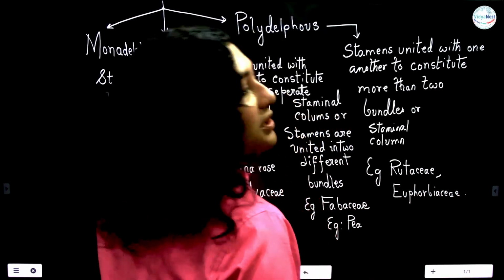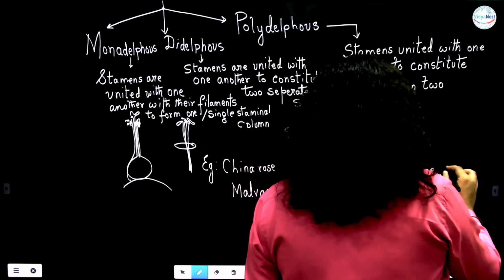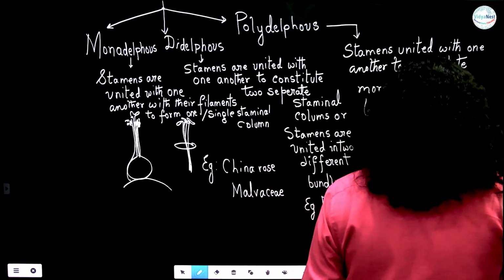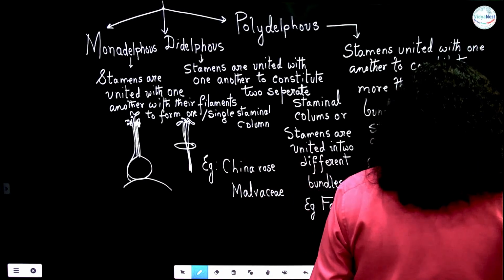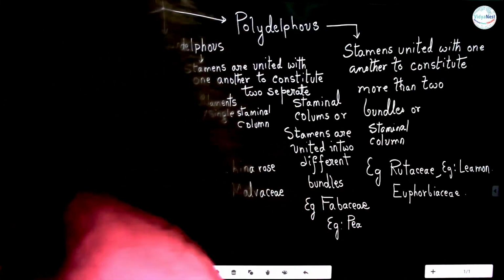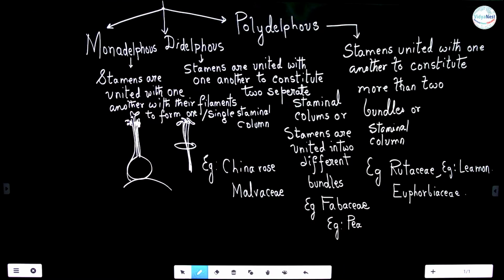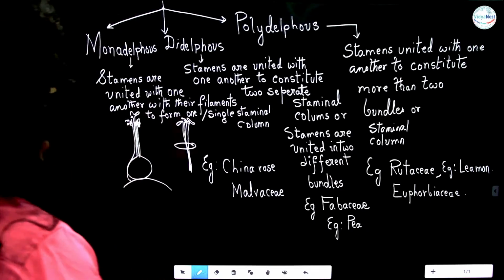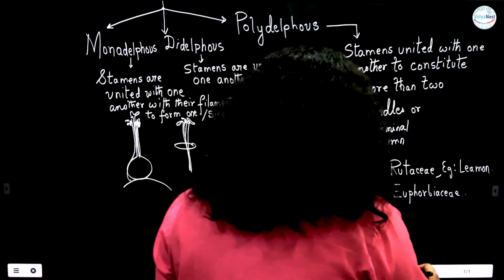An example from Rutaceae is lemon, and from Euphorbiaceae, the example can be castor.